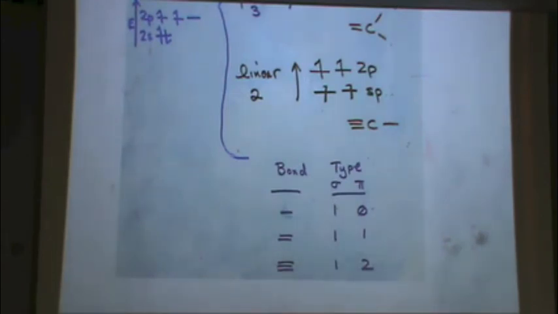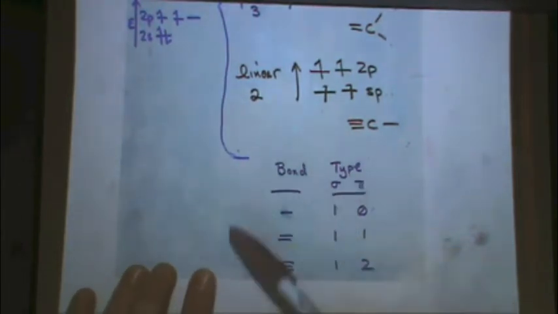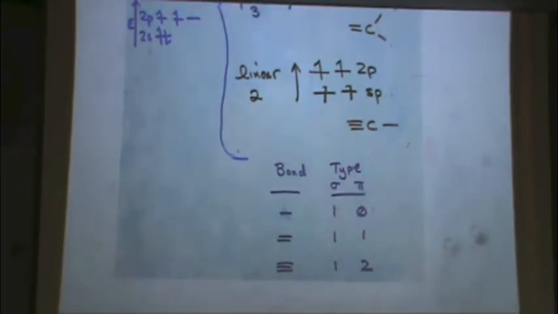The pi bonds always come from the unhybridized p orbitals. The sigma bonds always come from the hybridized orbitals. Okay? So this is something to know, because we're going to use this to count the total number of sigma and pi bonds in a molecule. We'll do that in a little bit.